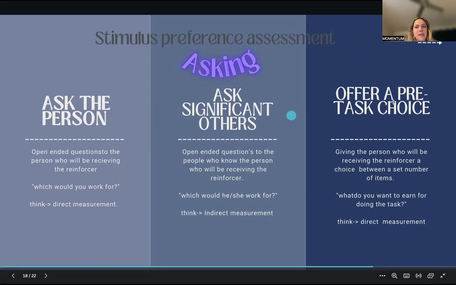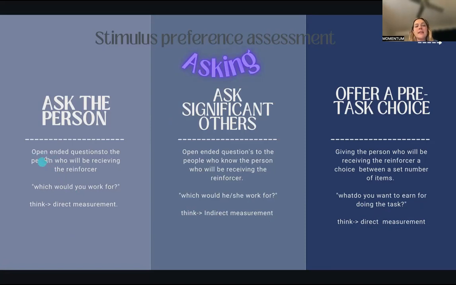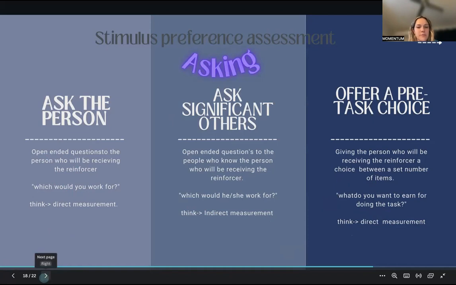The difference between offering a choice and asking the person is they can answer nothing. I don't want to work for nothing. And then if you offer a choice, they kind of have to pick something. They can still say nothing, but higher chance of them choosing something when you offer a choice of some sort.